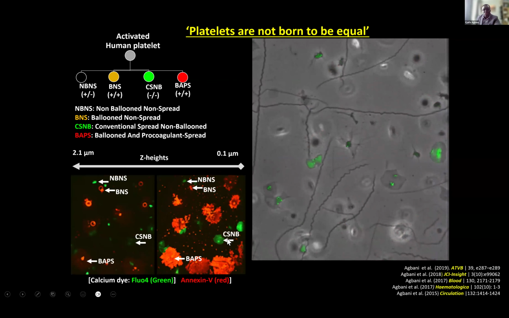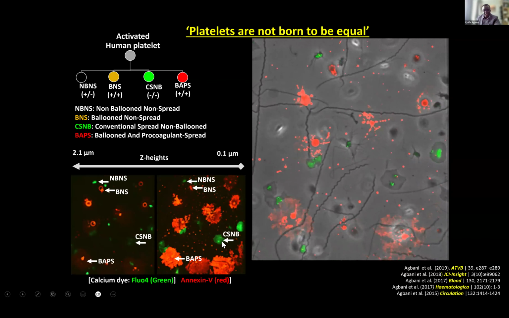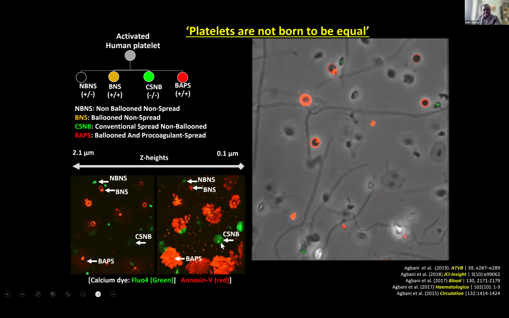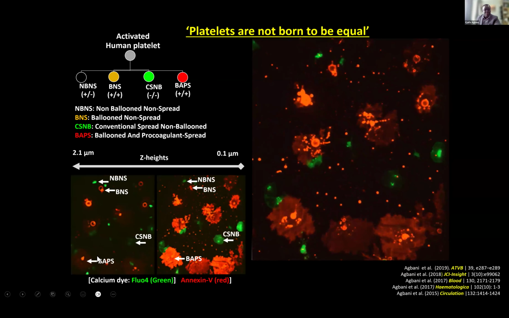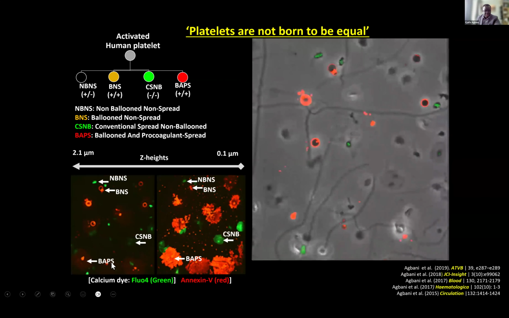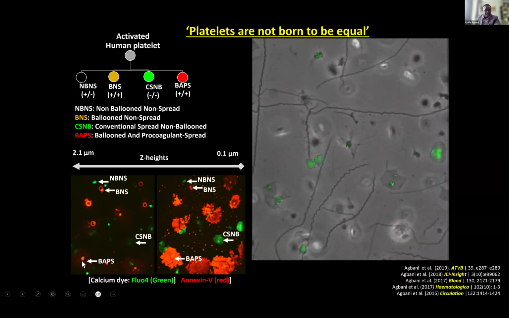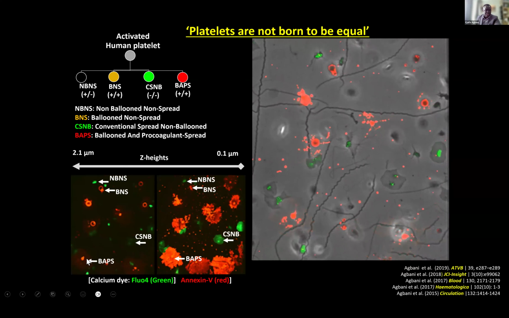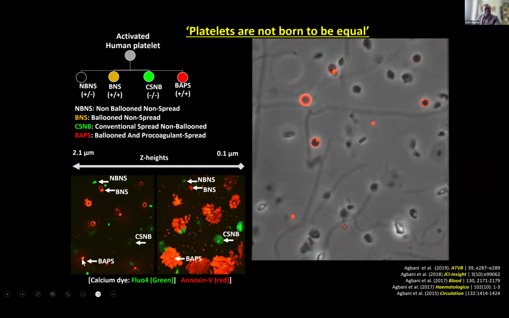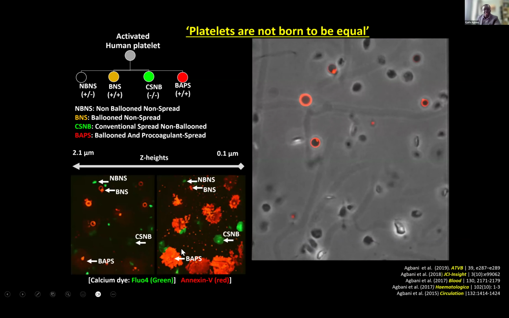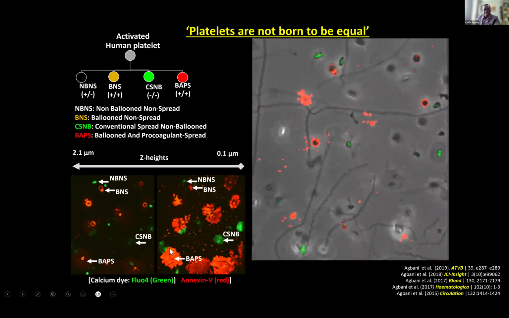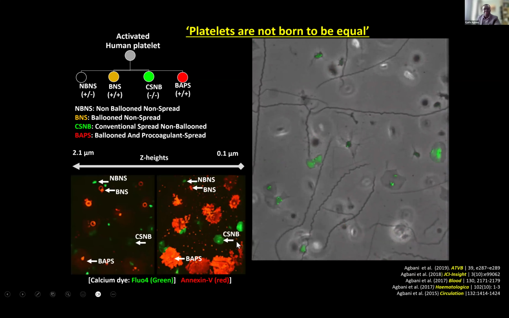This is the kind of spreading platelet we know very well. We call it the fried eggs. Then we have the ballooned and procoagulant spread platelet. If you notice here, it's really tricky to see this one because they appear to be ballooned at higher Z sections, but when you go lower, you will see that these are actually procoagulant spread at the bottom.